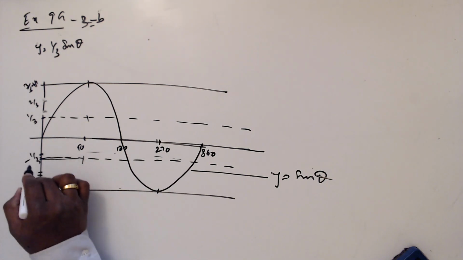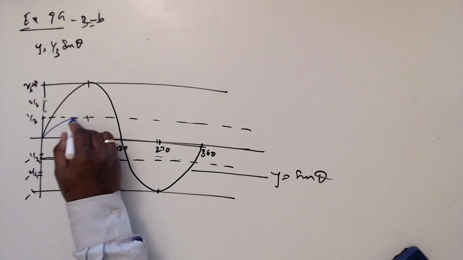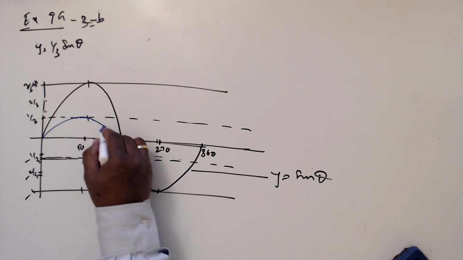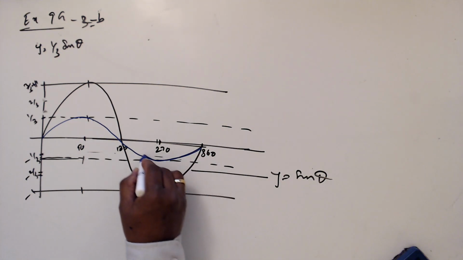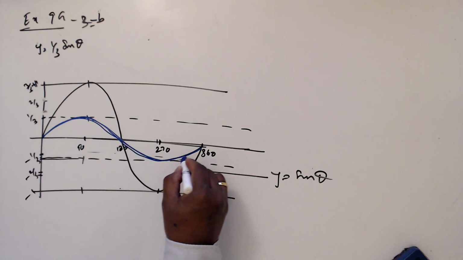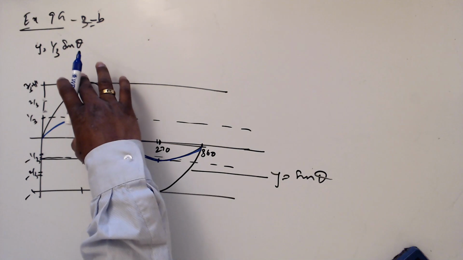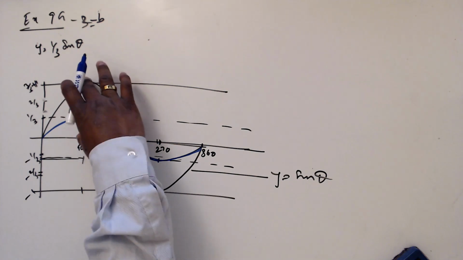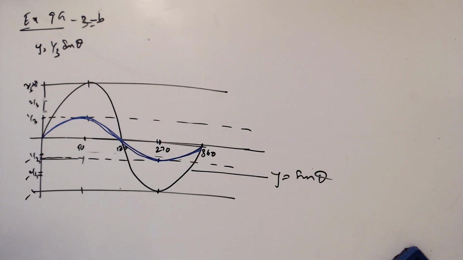This is minus 1/3, minus 2/3 and minus 1. Now this graph is going to be the graph we want. This length is squeezed to 1/3. This length means the y length. The y length is squeezed to 1/3, or reduced to 1/3.